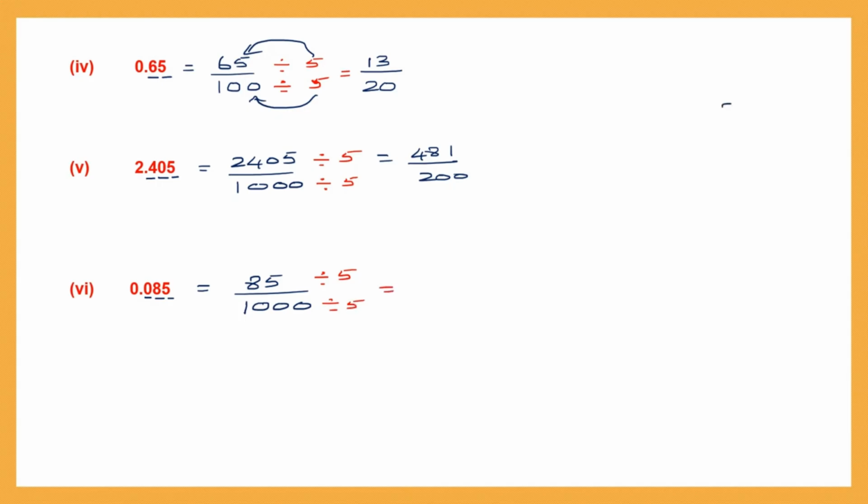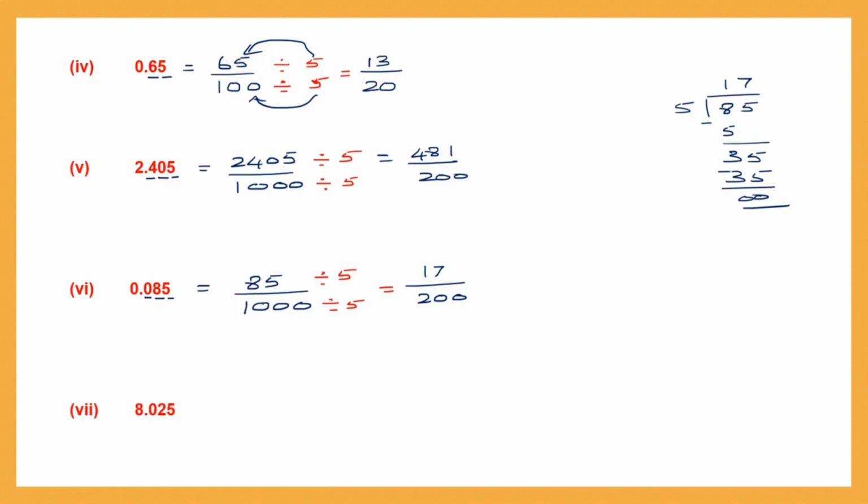So when you divide 85 by 5, 5 ones are 5, minus, 3 and then we have 5, 35, 5 sevens are 35. So 17, 5 into 17 is 85 and here 5 into what is 1000? 5 twos are 10, so 5 into 200 is 1000. So what is our fraction? 17 by 200.